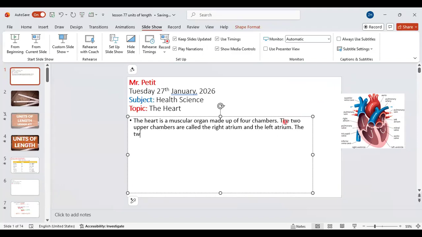The two lower chambers are called what? The right and left ventricle. Very good, the right ventricle and the left ventricle.